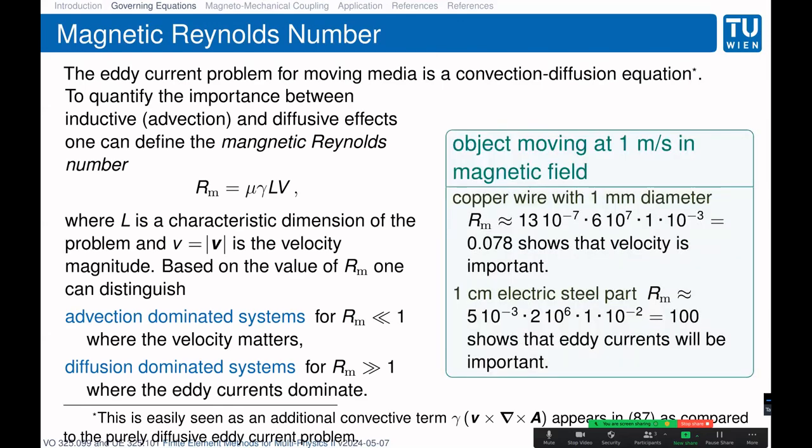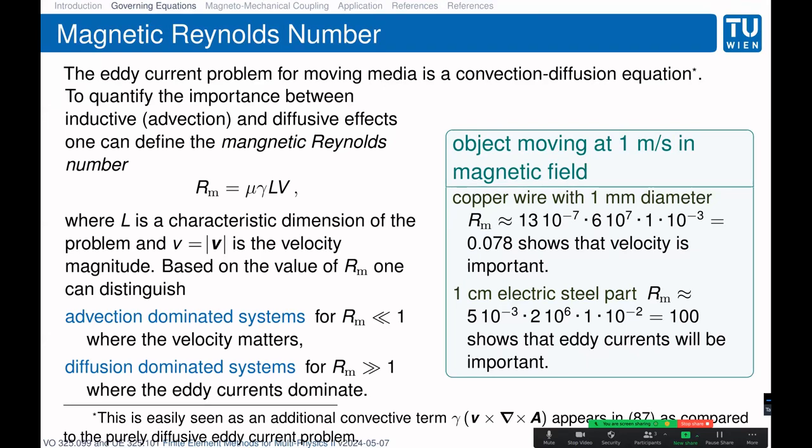So I've computed an example here. Just consider an object moving at 1 meter per second through your magnetic field, and one time the object is a copper wire with 1 millimeter diameter, and there we have a magnetic Reynolds number that is smaller than 1, quite a bit smaller than 1. So there you see that the velocity is actually the important thing.